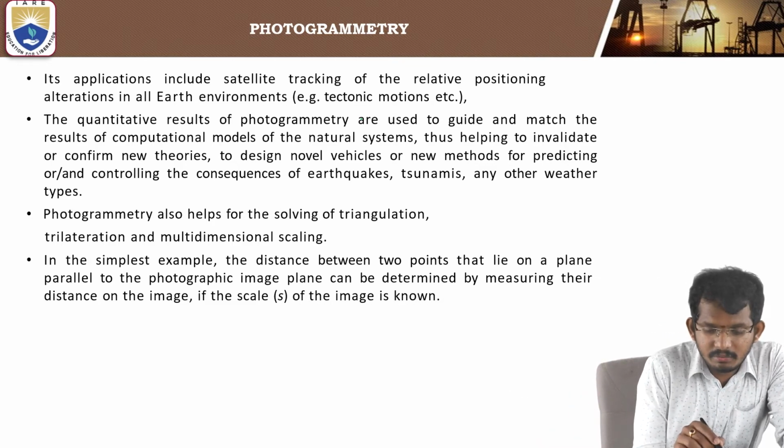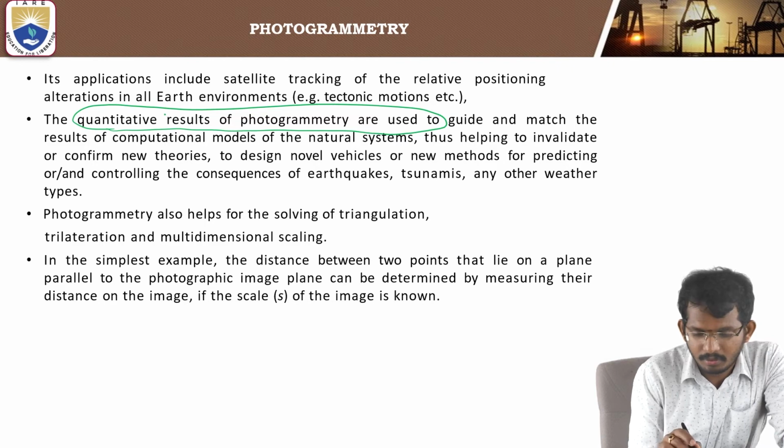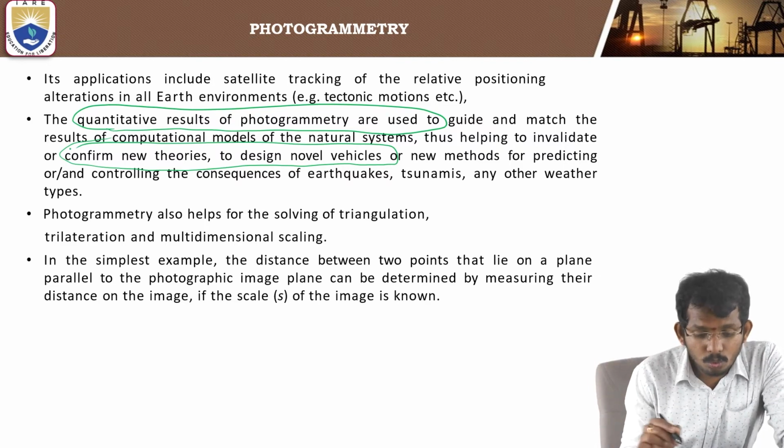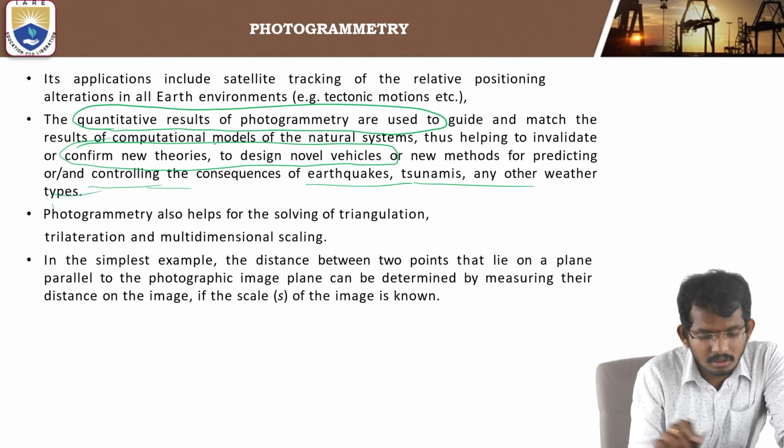The qualitative results of photogrammetry are used to guide and confirm new theories or design novel methods to control the consequences like earthquakes, tsunamis, and other changes in climatic conditions.